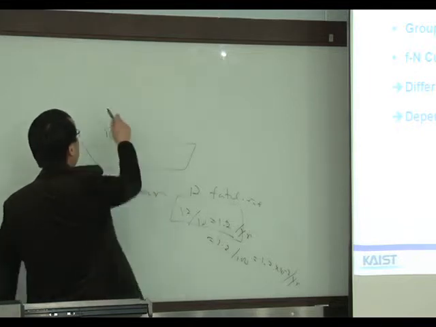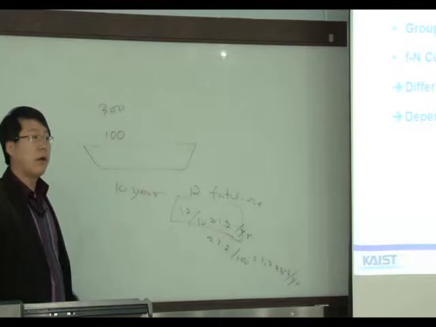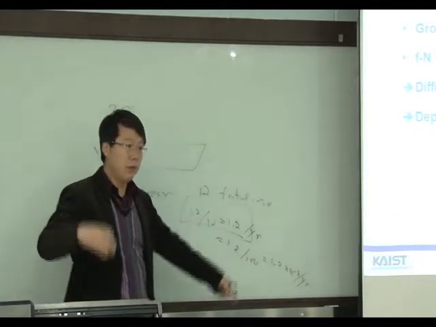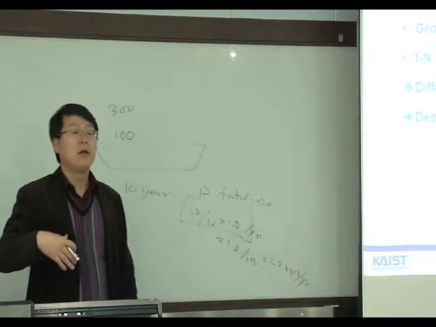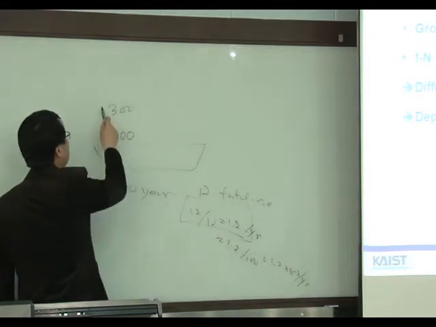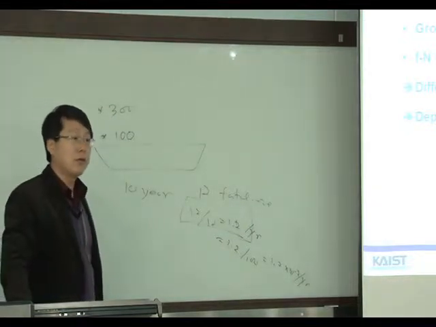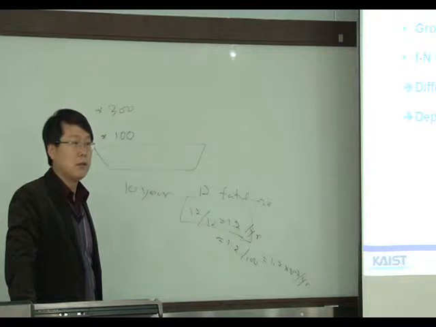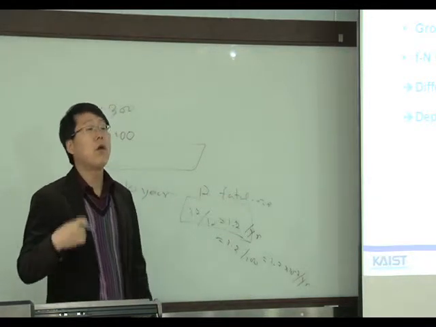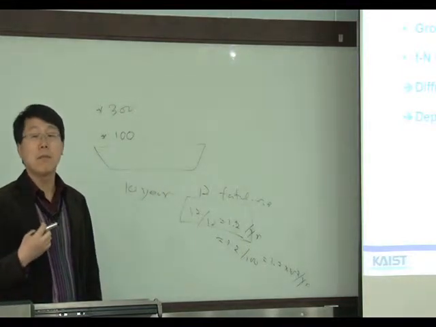If there are 300 operators in the FPSO, this value will be lowered by a factor of 3. So this number of crew is important. What I mean is that individual risk is more important to a specific person.